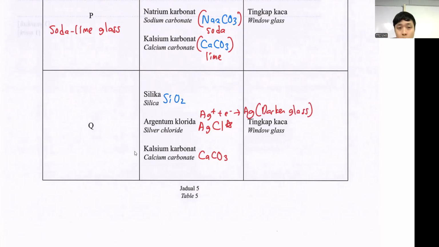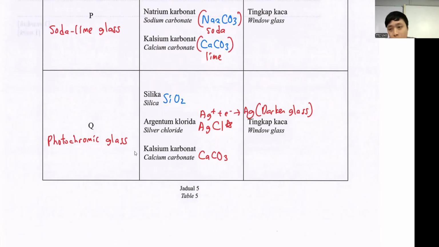It can block the sunlight, the UV light. This is called photochromic glass, which is another composite material. It is used like your sunglasses.